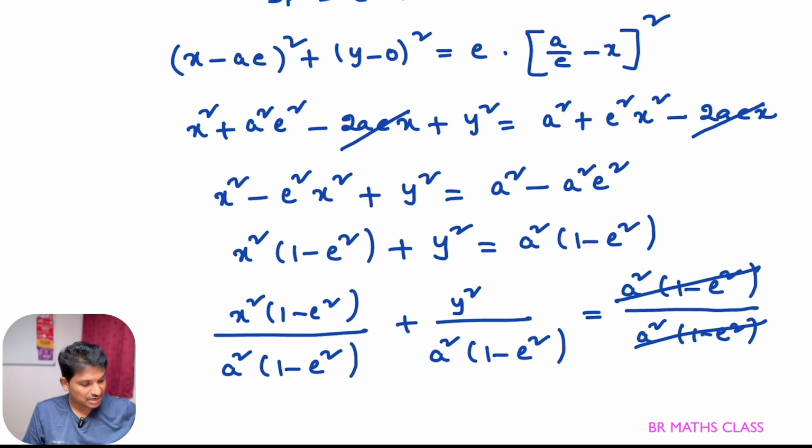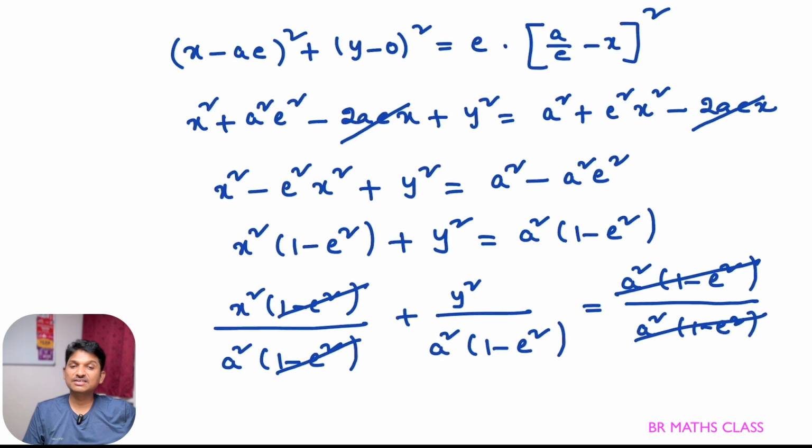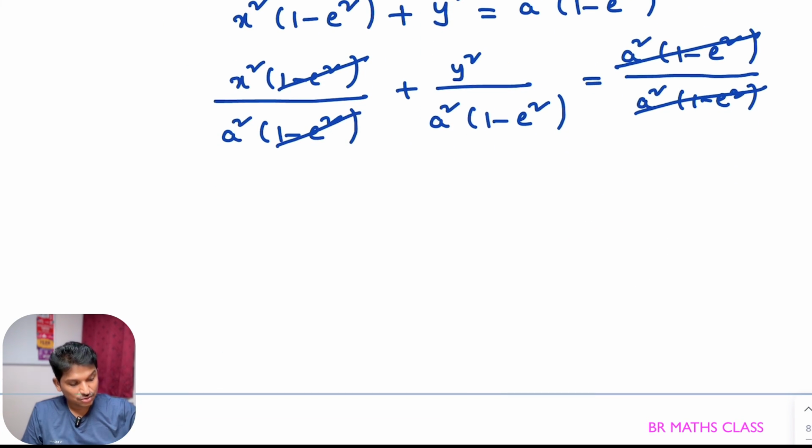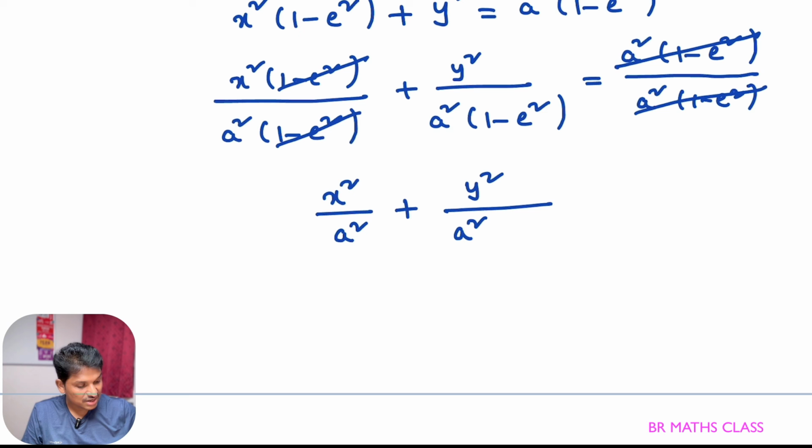You can observe these two will get cancelled, 1 minus e square will get cancelled. So what did you get here? You got x square divided by a square plus y square divided by a square into 1 minus e square equal to 1.